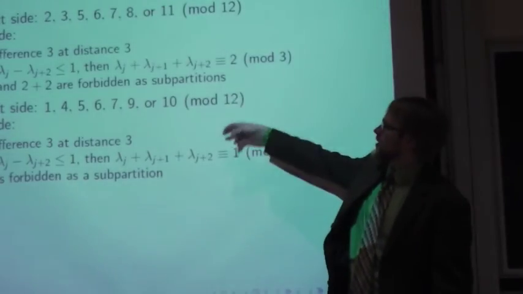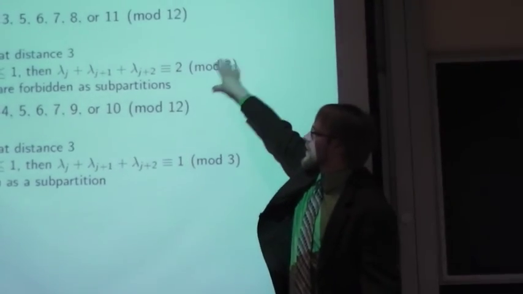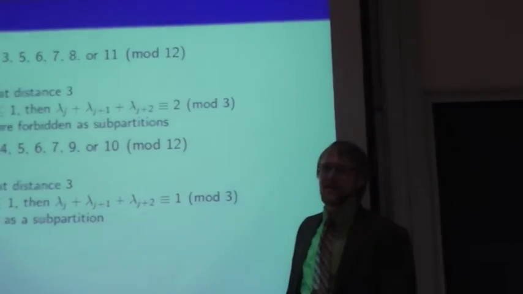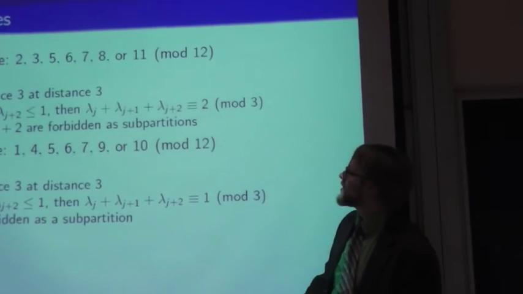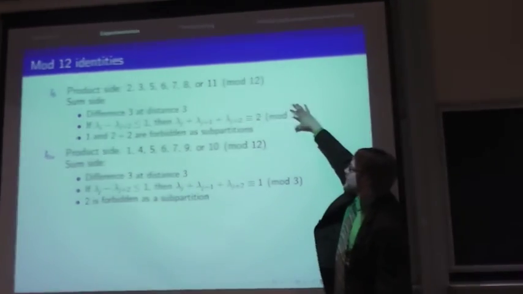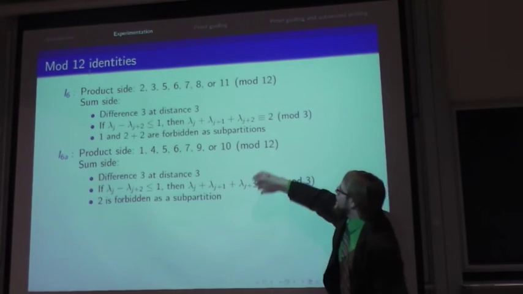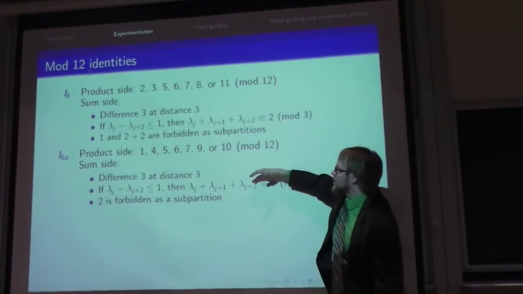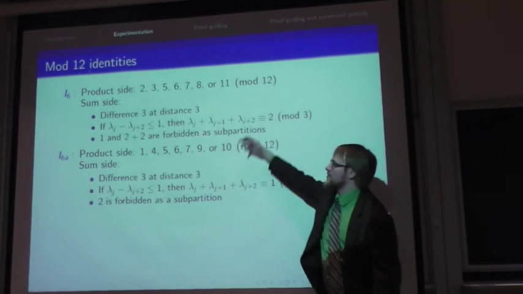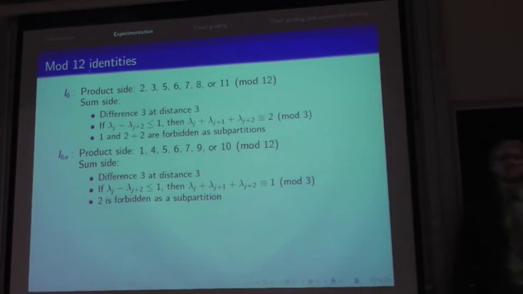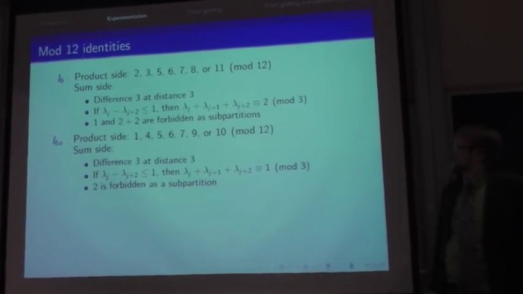He suspected that if this is an identity, then this should be an identity, but you have to find the initial conditions yourself. It's not known how to get one identity from the other.